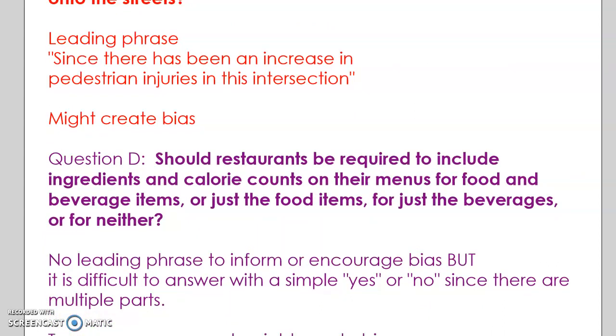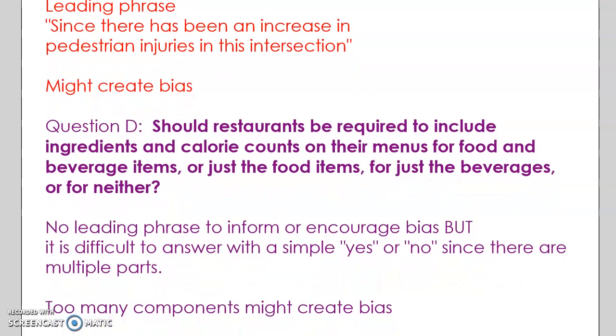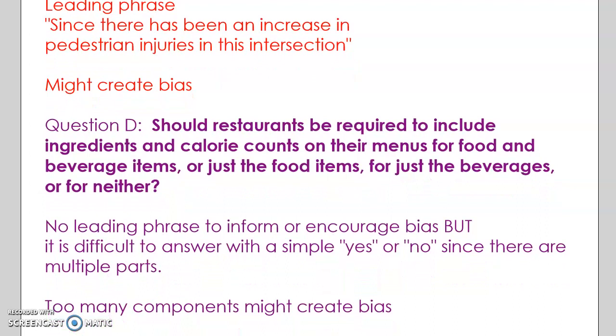And lastly, with question D, it's not really biased by any means, but you really can't just answer it with a simple yes or no response. It has a few components to this.